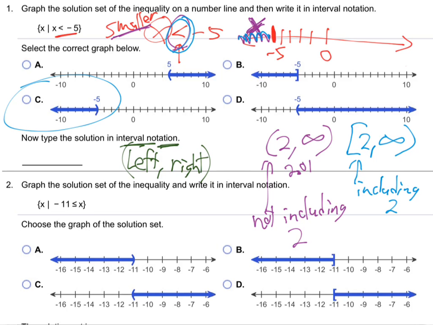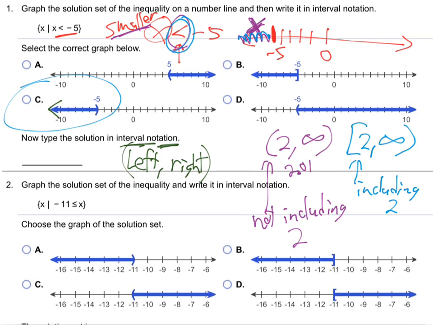Left edge, right edge of what? Of the shaded chunk. So here's the shaded chunk of the true answer down here. What's the left edge of that shaded chunk? Well, the left edge is an arrow, which means it goes left forever.